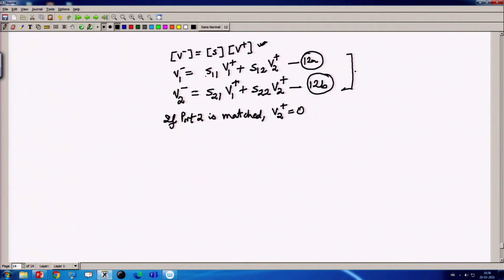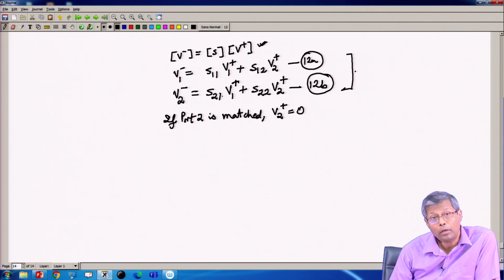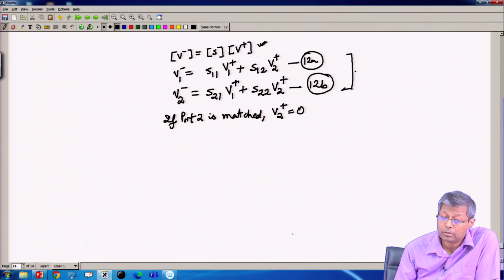So, S11 is the reflection coefficient at port 1 with port 2 matched, because S11 will be V1 minus by V1 plus with V2 plus equal to 0. Similarly, S21 is the transmission from port 1 to port 2, V2 minus by V1 plus with V2 plus equal to 0.